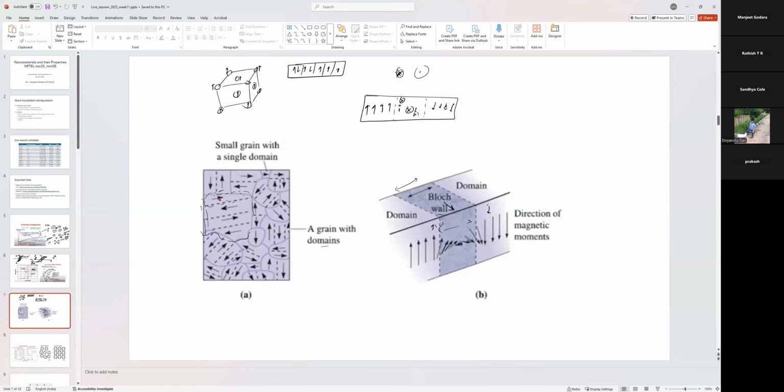The other way the transition can happen is inside the plane of the grain itself, along the plane of these domain walls. So it will gradually become something like this, this, this, this, and the transition is happening inside the plane.